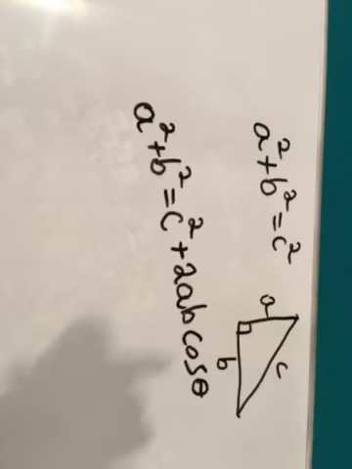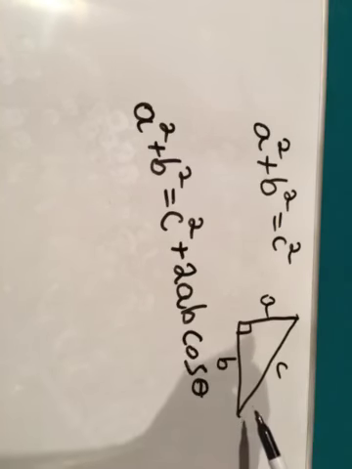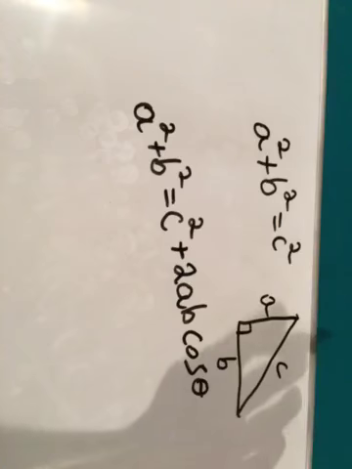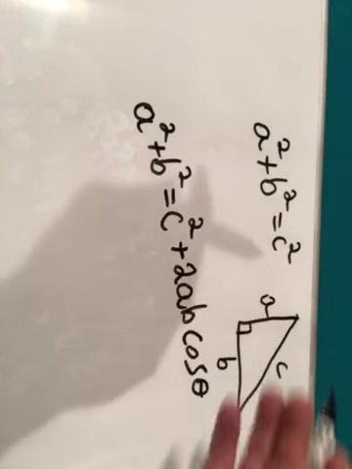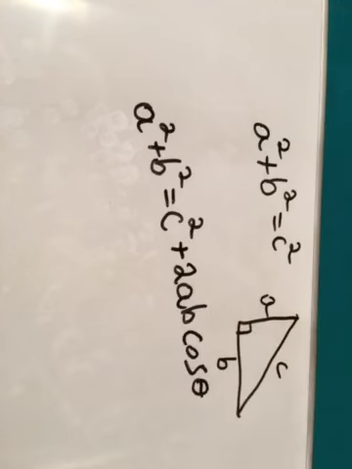So let's take a look at our triangle here. Okay? The triangle that you probably always have written whenever you've done a Pythagorean Theorem problem. Okay, well, what is the angle between A and B?